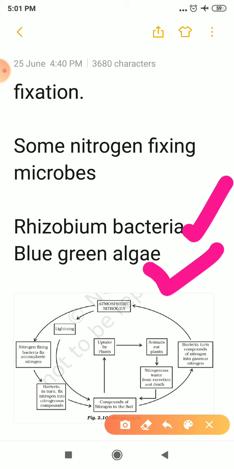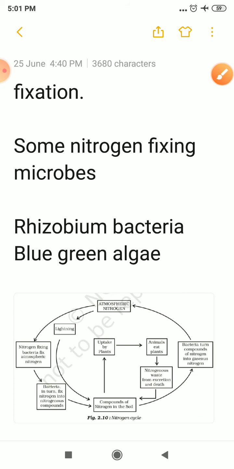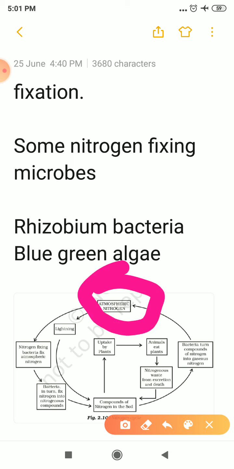Here a cycle is given. In this cycle, you can easily understand how this nitrogen cycle is completed. Here you will find atmospheric nitrogen. This atmospheric nitrogen is converted by nitrogen fixing bacteria into nitrogenous compounds, like this here.